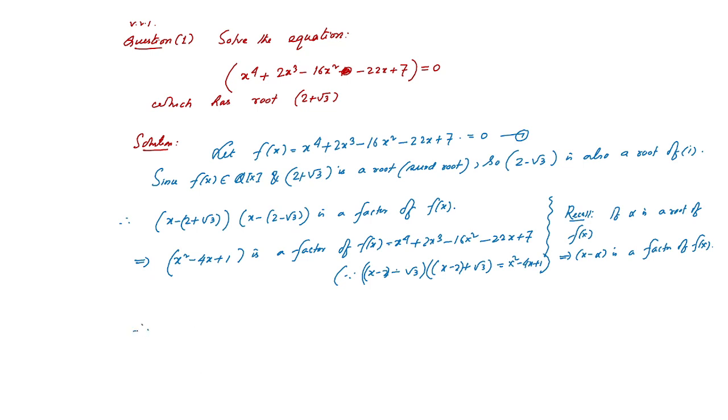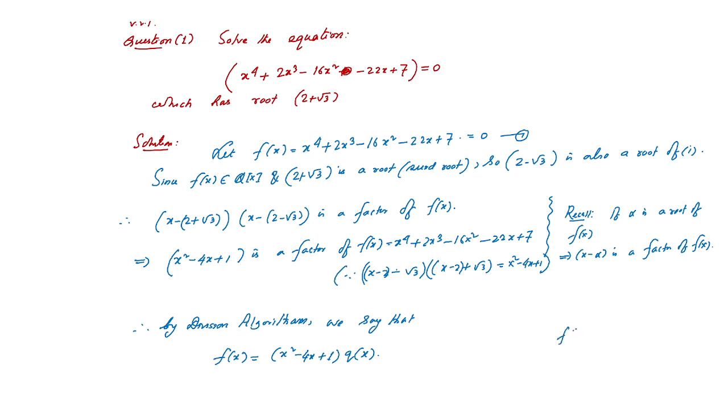So, therefore, by the division algorithm for polynomials, we say that f(x) equals x square minus 4x plus 1 into some q(x).